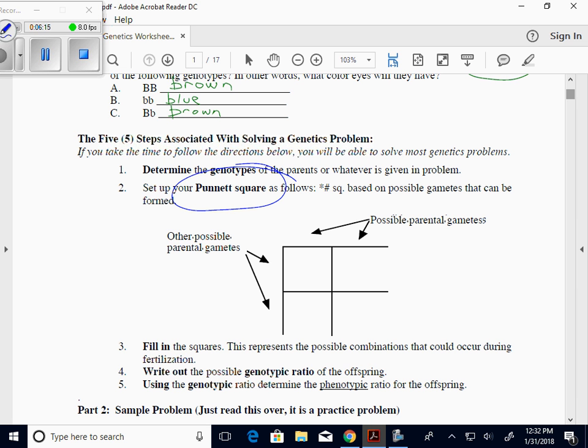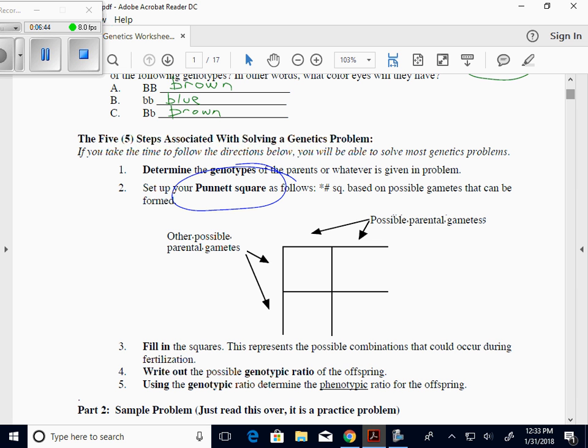Okay, now let's look. Our Punnett squares. It says these 5 steps are involved. 1, determine the genotypes of the parents or whatever is given. Number 2, set up the Punnett square as follows. Okay, possible parent gametes, where those arrows are pointing at.